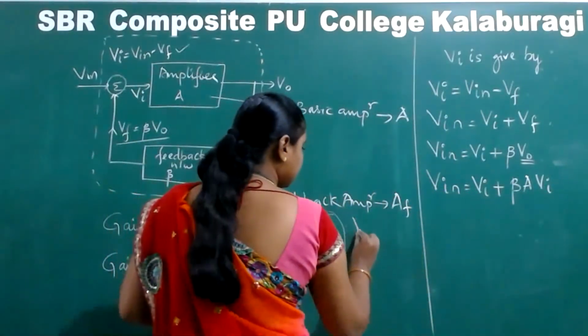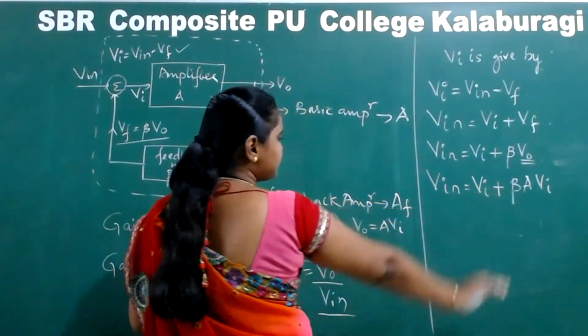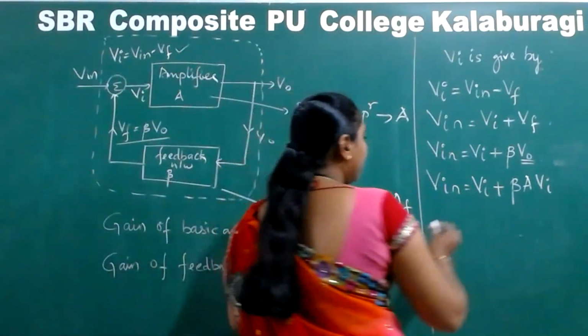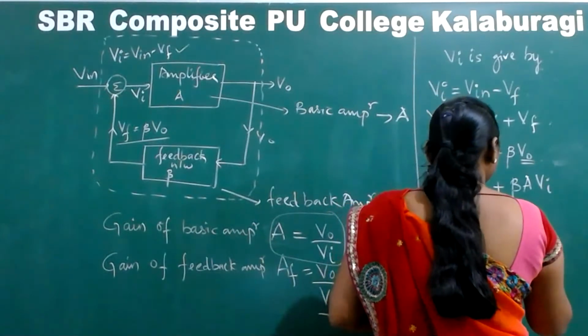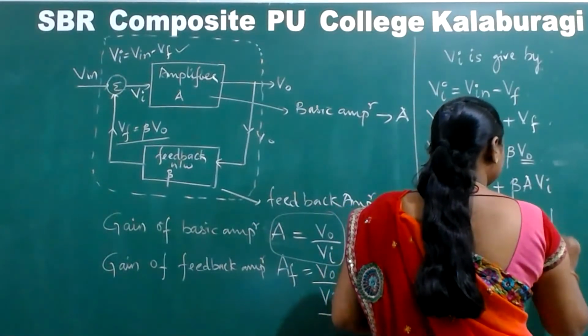That itself I am substituting in the place of V naught there. Now taking common, Vi times 1 plus A beta.